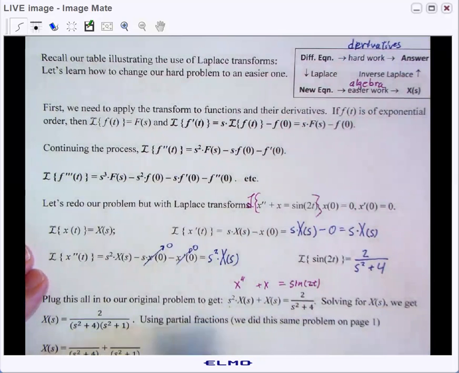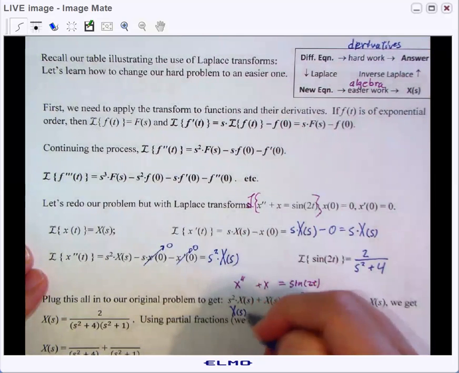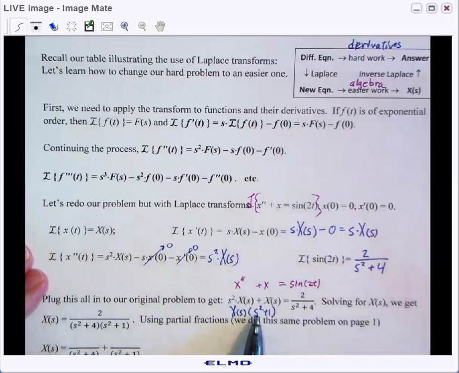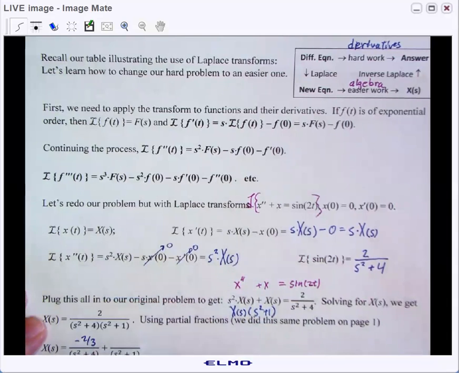And if we do that, so if we factor out the X of s on the left-hand side, we're left with s squared plus 1. And then dividing both sides by s squared plus 1, we get capital X of s is 2 over the quantity s squared plus 4 times s squared plus 1, which we saw on the very first page is equal to negative 2/3 plus 2/3 right here.